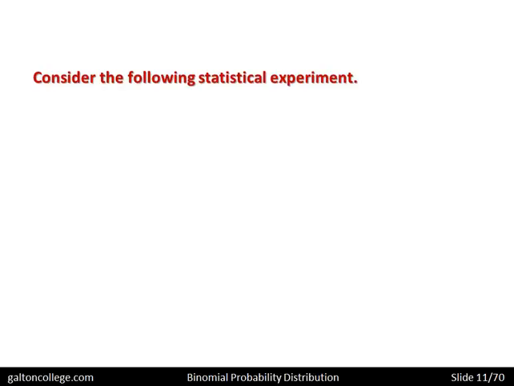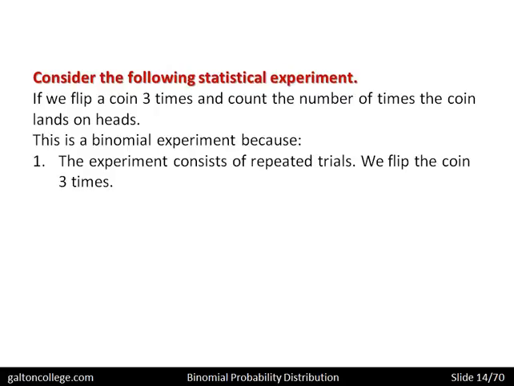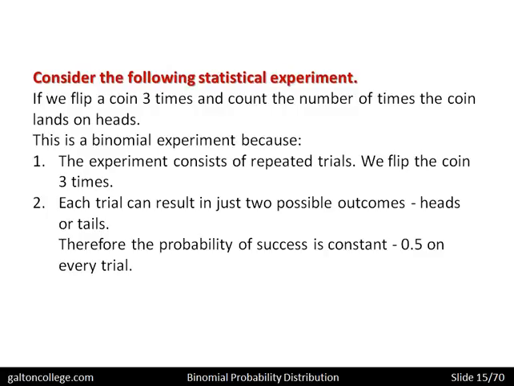Now consider the following statistical experiment. If we flip a coin 3 times and count the number of times the coin lands on heads, this is a binomial experiment because the experiment consists of repeated trials. We flip the coin 3 times, so it's repeated. So that's one of the requirements that's been passed. Each trial can result in just two possible outcomes, heads and tails. Therefore, the probability of success is 0.5 on each trial.